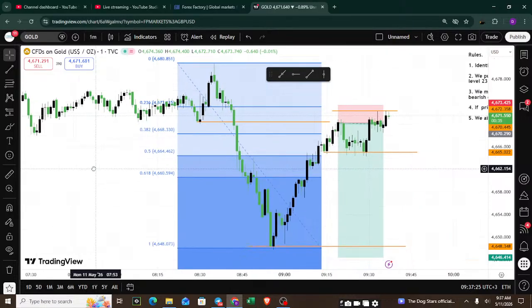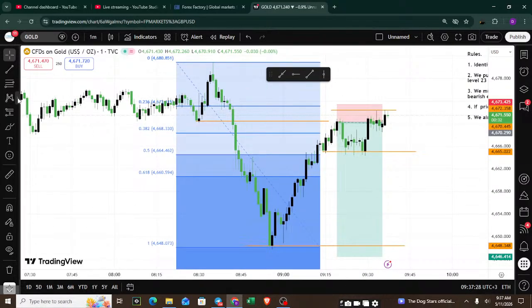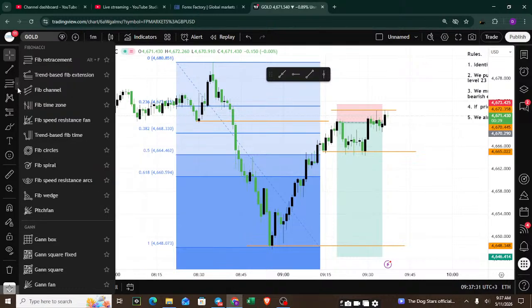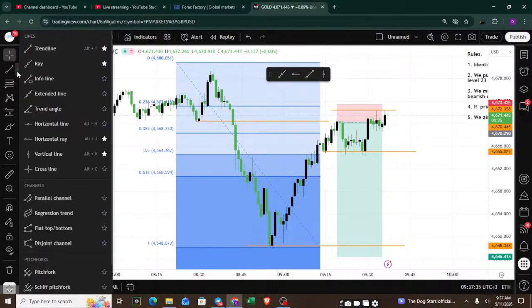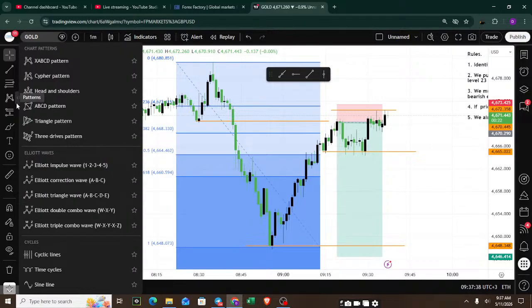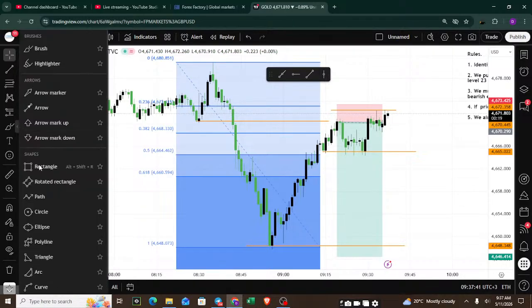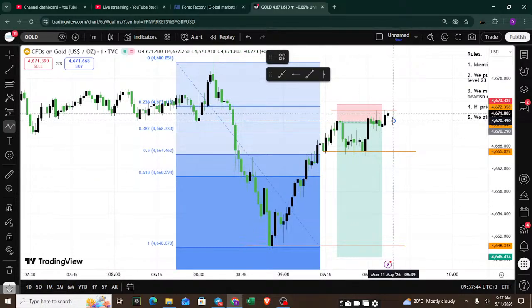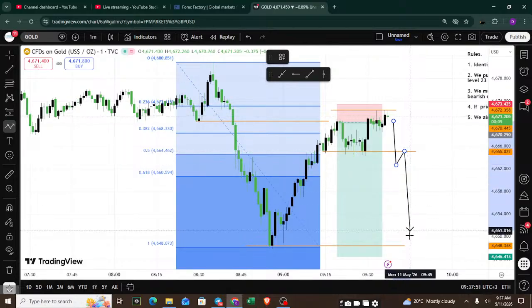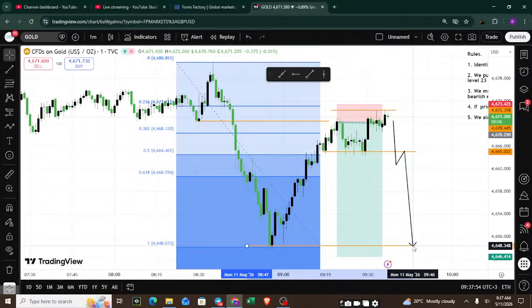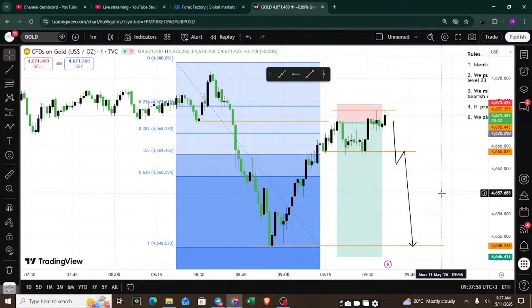So that means I wait for price to break below, and that is when I'll get in. Otherwise, this trade idea has been nullified.